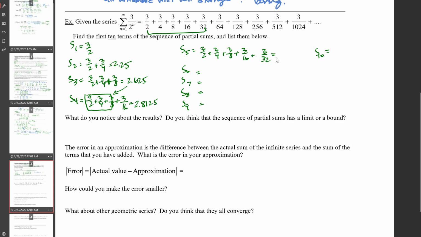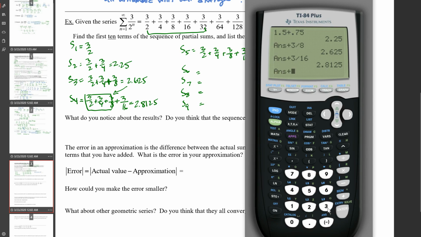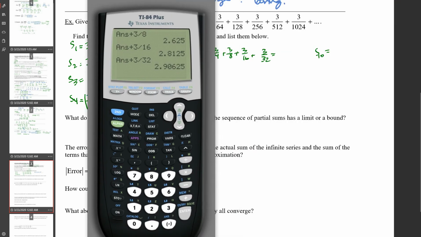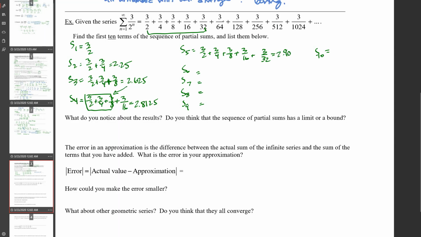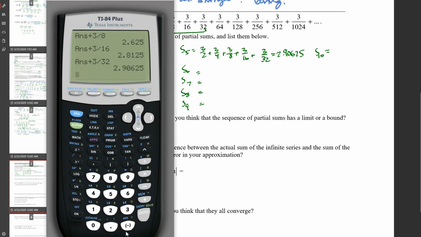And I'm going to add that number with 3 over 32 to get S5, 2.90625. And S6 is going to be this number plus 3 over 64.